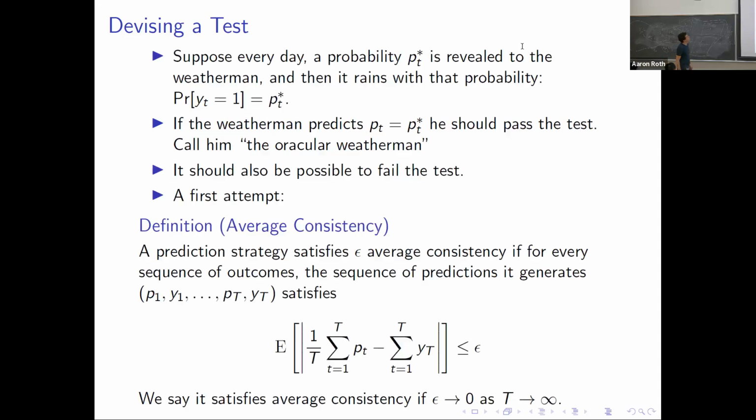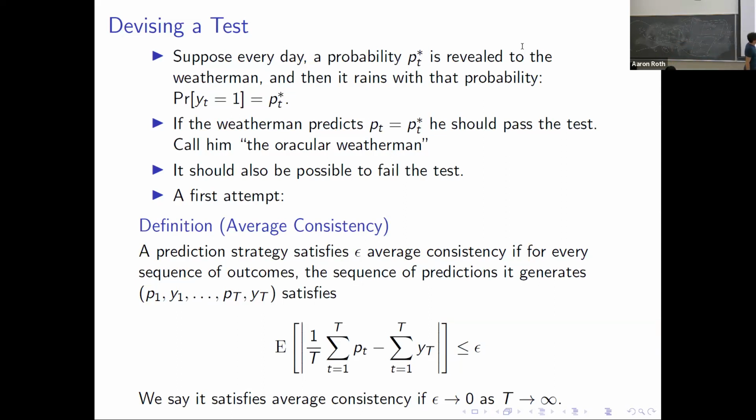And not only is it possible to fail the test, the oracular weatherman would pass the test. If you remember the Chernoff-Hoeffding bound we used to analyze the upper confidence learning algorithm for this bandit learning problem, it's a quantitative version of the law of large numbers.